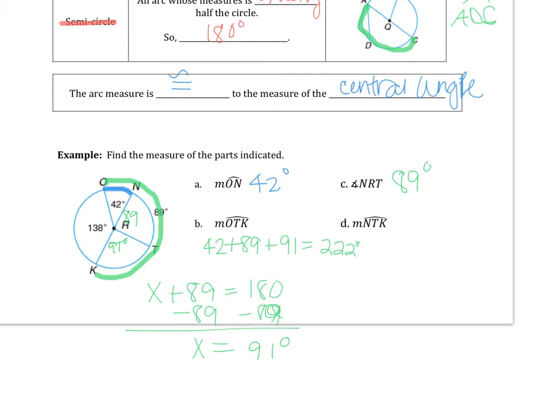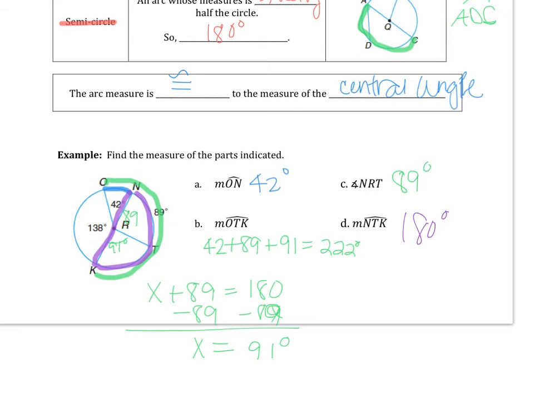All right, and the last one, change my color again. I've got arc NTK. Notice that that is my semicircle right here, so that arc measure, since it's a semicircle, is 180 degrees.